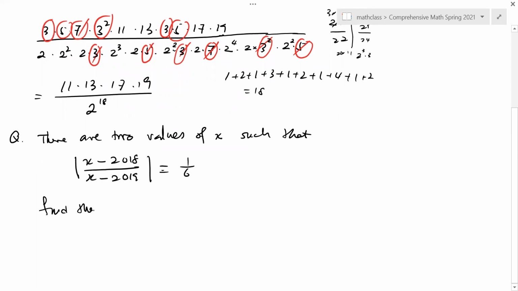Find the difference of those 2 numbers, the positive difference. You don't know which one is larger, right? So find the positive difference of these 2 values.